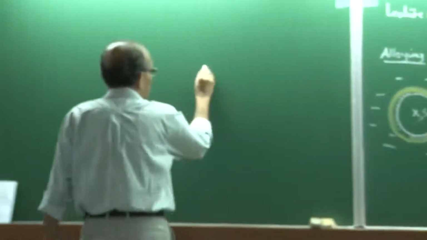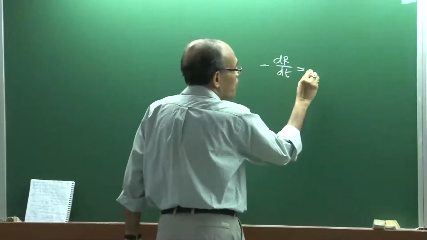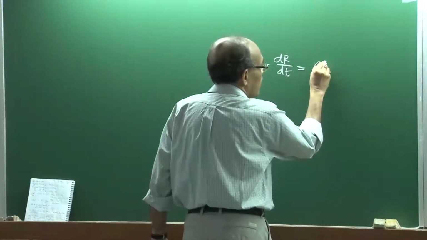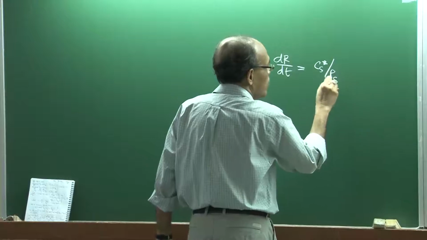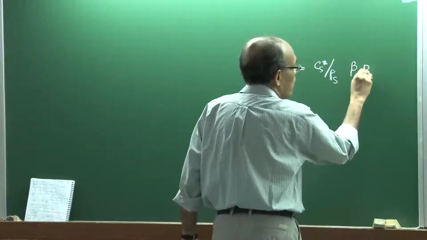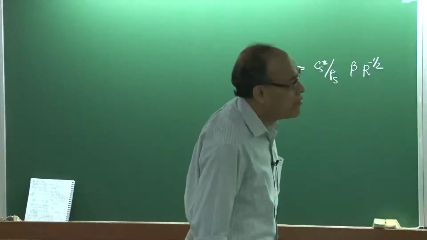So, under that condition you can have minus dr dt equal to Cs star by rho s, and then the mass transfer coefficient, which is going to be beta times r to the power minus half, as I have indicated.